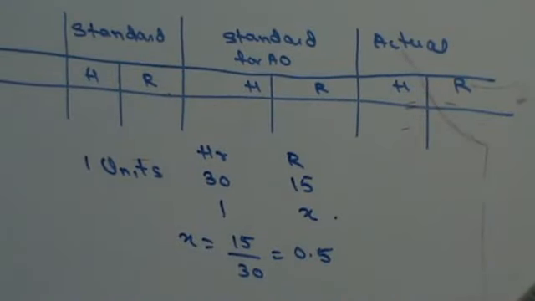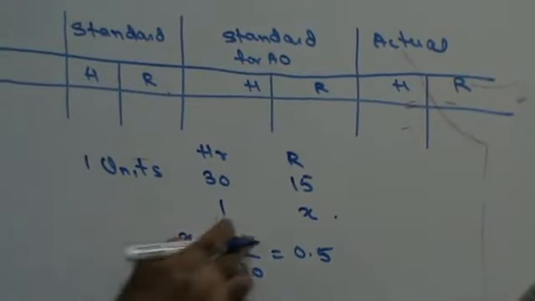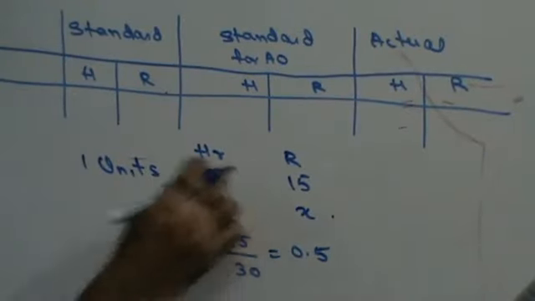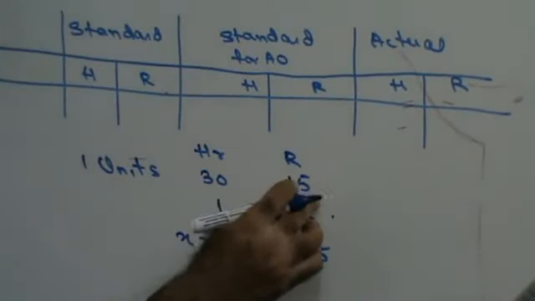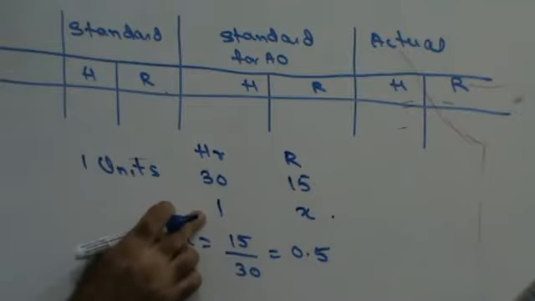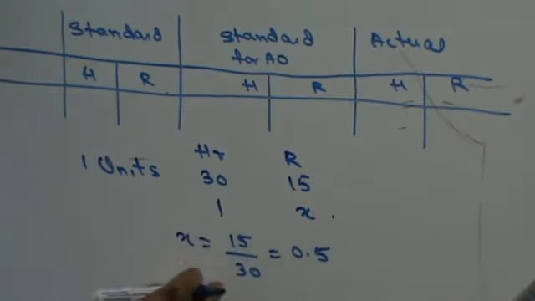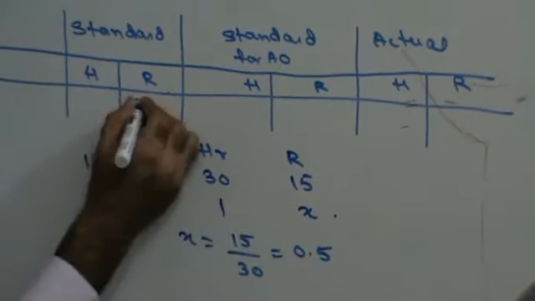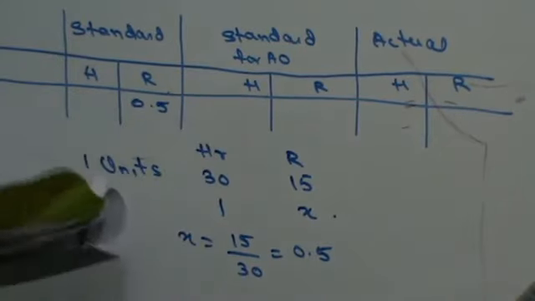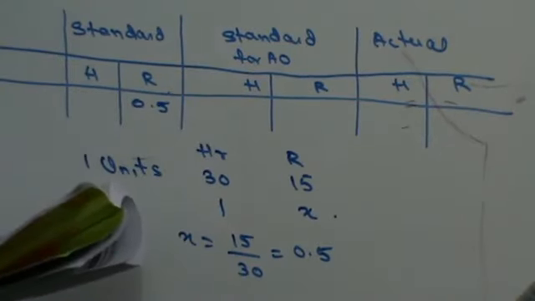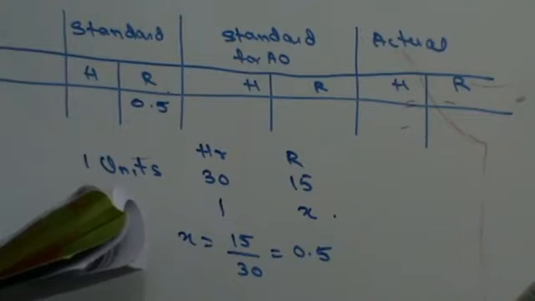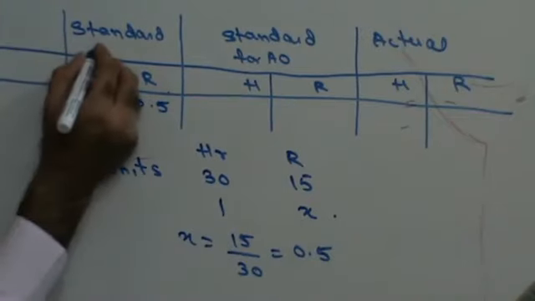So I make 1 unit in 30 hours and I pay 15 rupees. For 1 hour, how much am I paying the labor? 15 upon 30, that's 0.5. So my standard rate is going to be 0.5. Next, this is for 1 unit, okay?